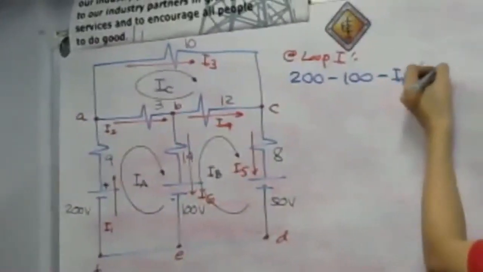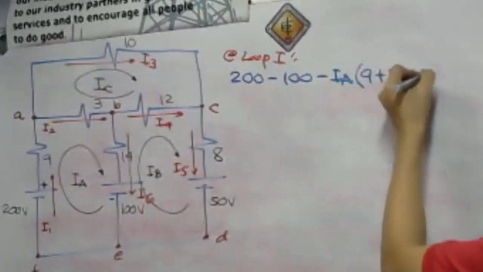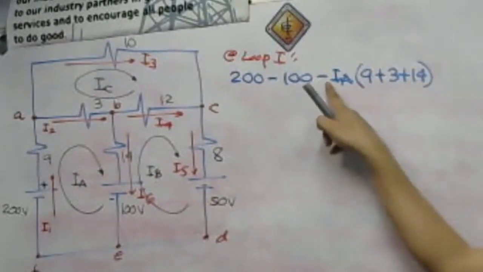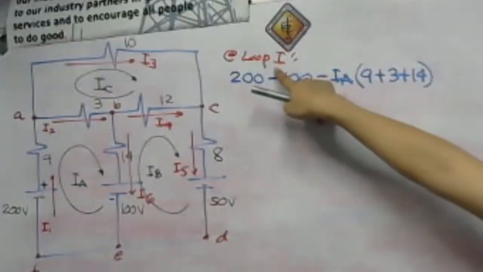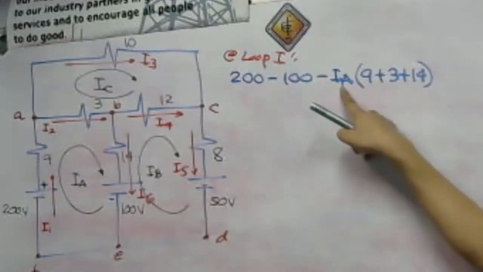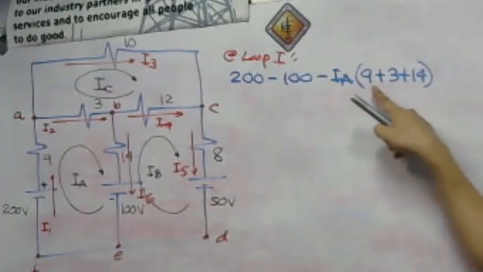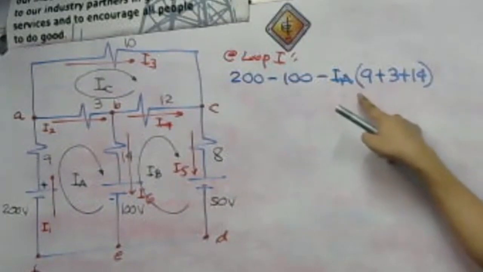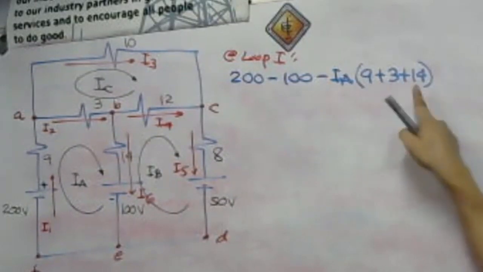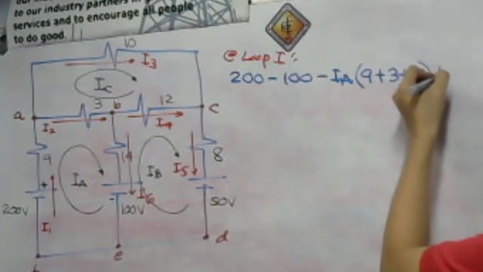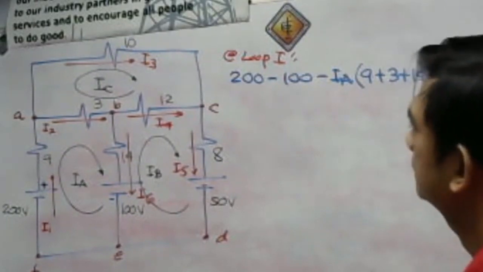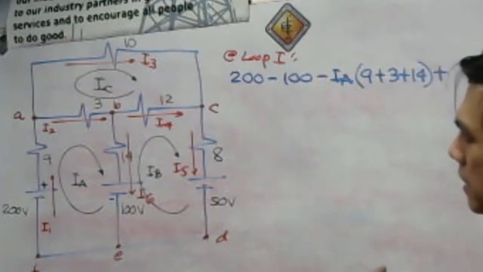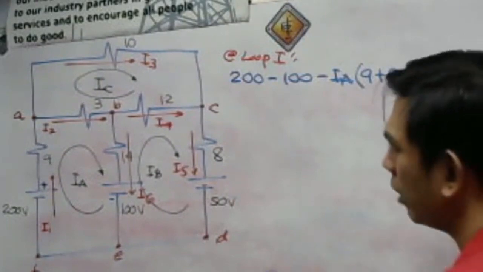Just like what I discussed before, automatic, for loop 1, our circulating current is minus IA multiplied by the loop resistances, which is 9 plus 3 plus 14, plus the product of the adjacent circulating current and the common resistor.